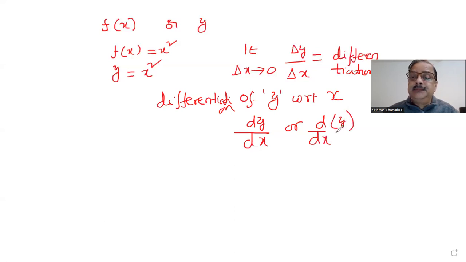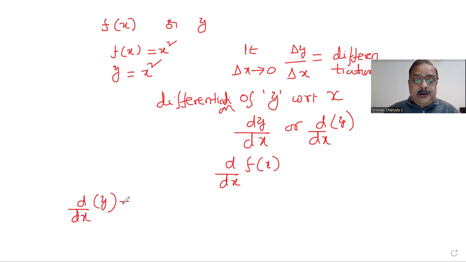This is also correct. So if you represent in terms of f of x, it is called d by dx of f of x. This is also correct. Instead of writing all this, we can write y dash. Y dash implies that you are doing differentiation.